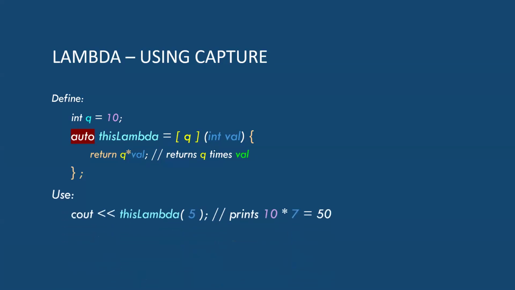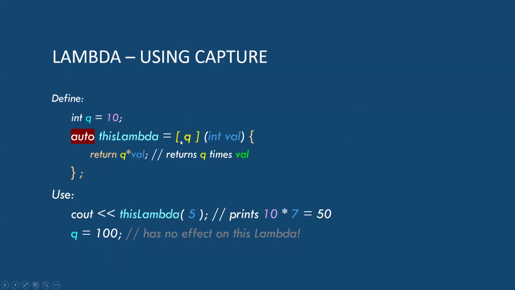Okay. So now I can just call this lambda and I should get 10 times 7 is not 70, 50, right? So that should be a 5 over there. I probably updated this and didn't update that. So if I change Q now, it has no effect on the lambda, because imagine we passed Q into the constructor and it got wrapped into the lambda up here.